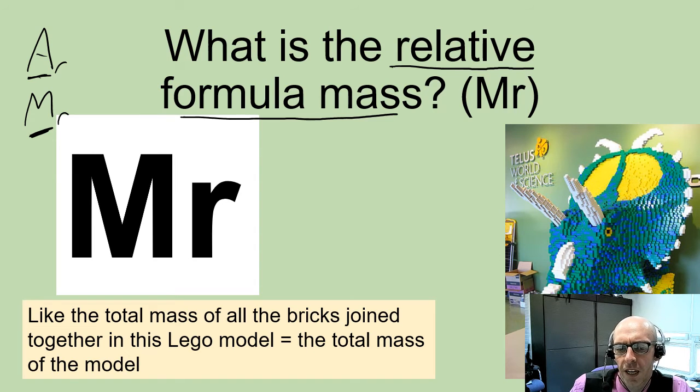If I wanted to work out the mass of this rather large Triceratops head, and I knew the mass of one Lego brick that was blue, and they were all the same size, I could times it by a number of more. And if I knew the yellow ones had a different mass, I could times it by that. So the total mass of this model would be all the bricks added together. And that's what we're doing with molecules.